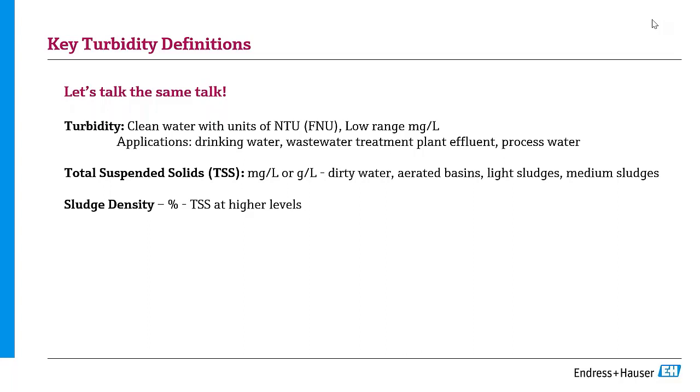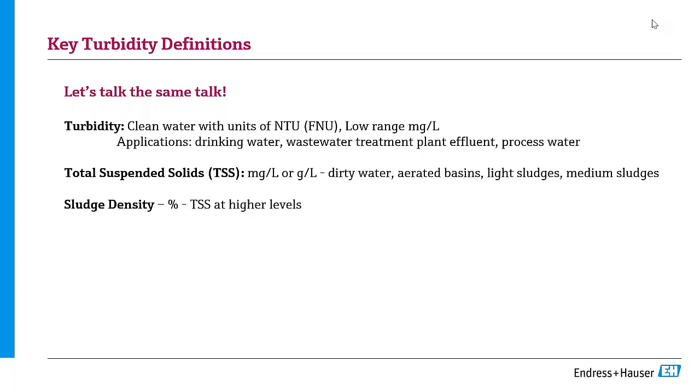There's more grime, maybe some light sludges, and we're looking at solids levels on the order of milligrams per liter to grams per liter. And then when people talk about sludge density, we're talking really, really high levels of particles. We're usually talking about sludges, and we're usually thinking about that as a percentage of sludge.